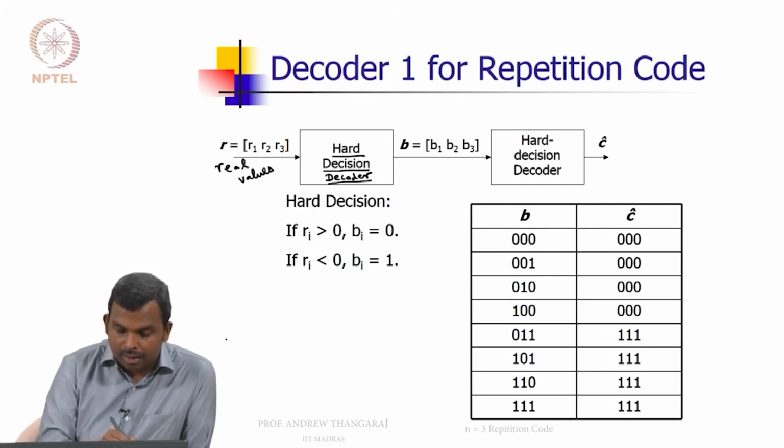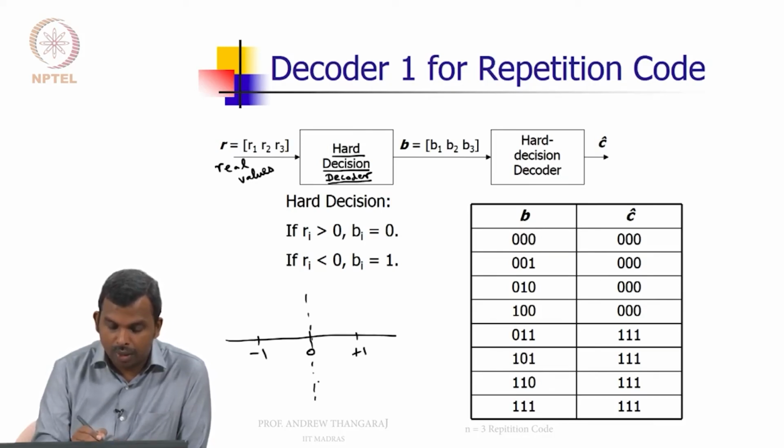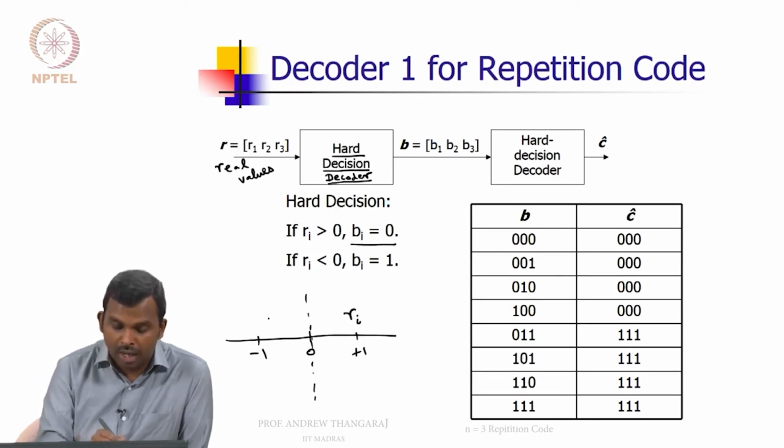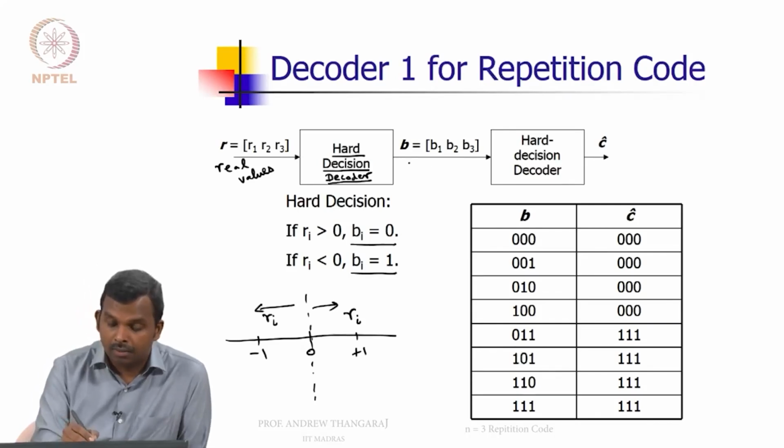Remember, our symbol vector is +1 and -1, and we have this thresholding at 0 as a sort of a reminder. Okay. So, if your Ri is positive, it lies on this side, you want to say the bit is 0. Okay. And if your Ri is negative, you want to say Bi is 1. Okay. So, this is my received hard decision values.